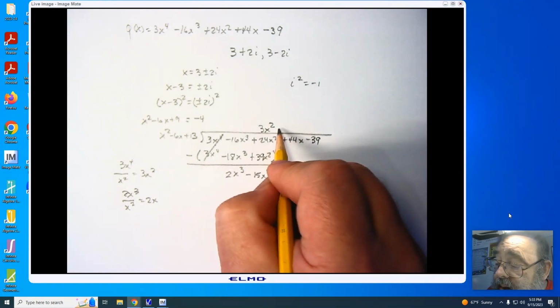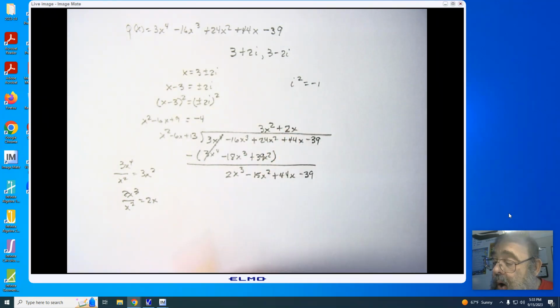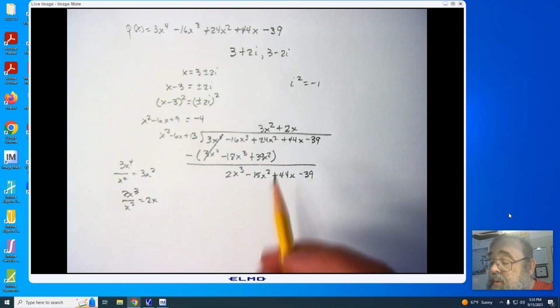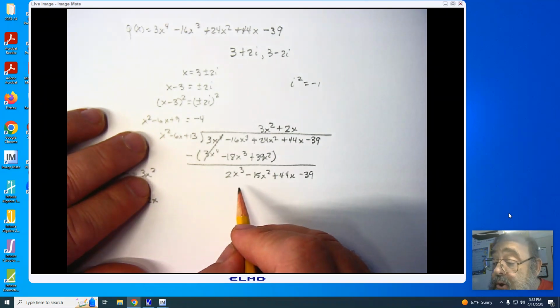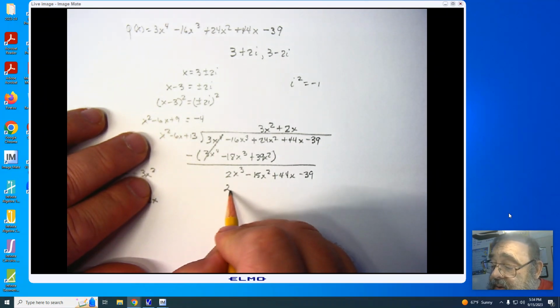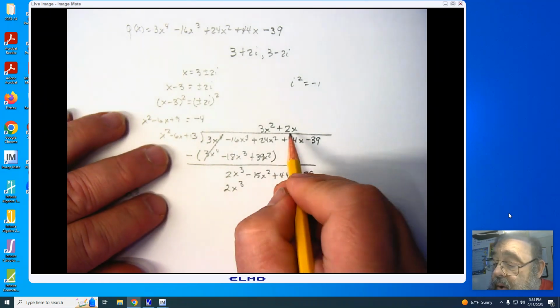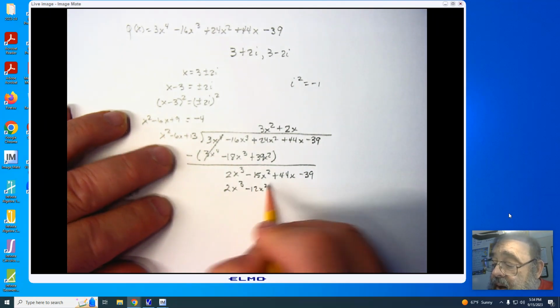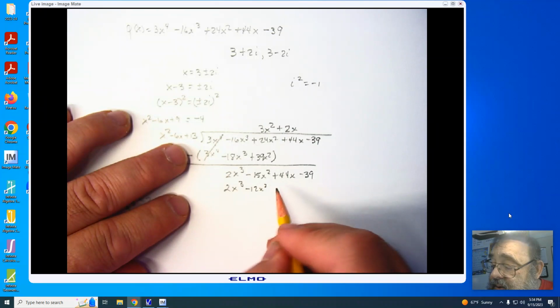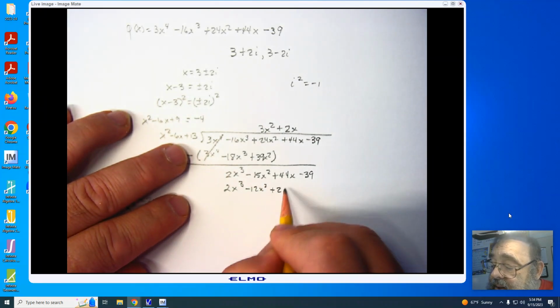I therefore put positive 2x over the 44x in the division. I now do my distribution. 2x times x squared is the 2x cubed. 2x times negative 6x is negative 12x squared, and 2x times 13x is a positive 26x.